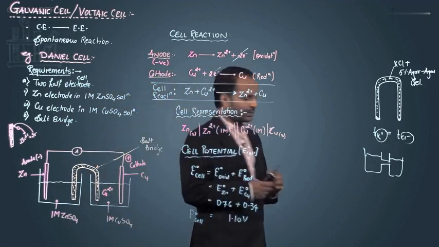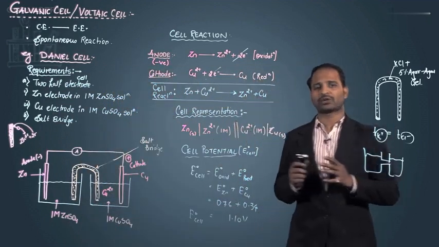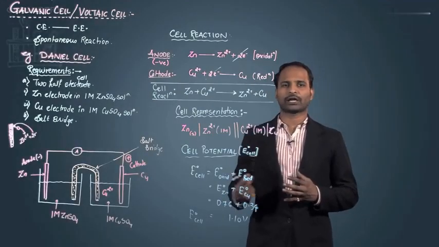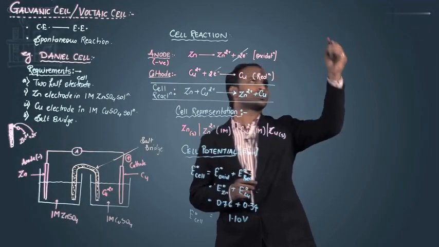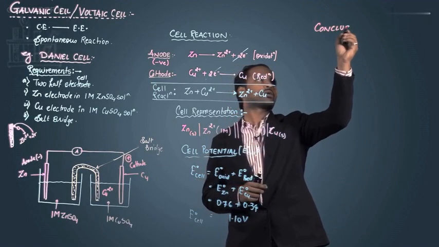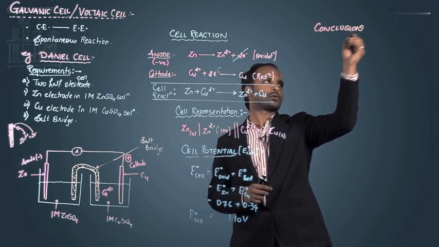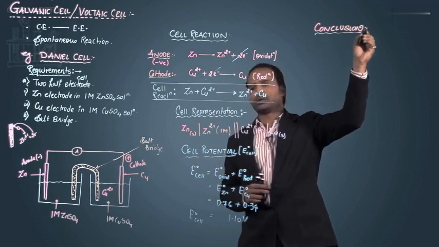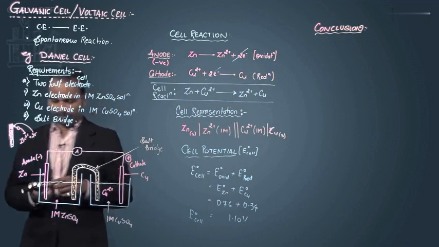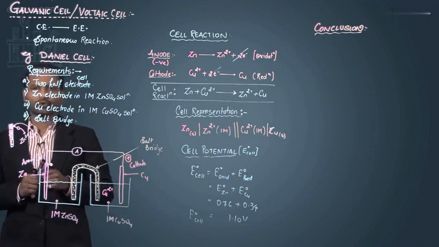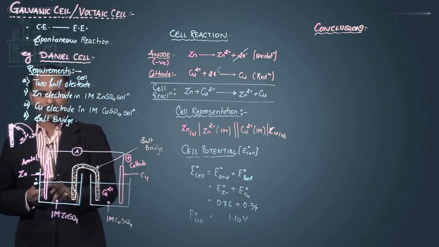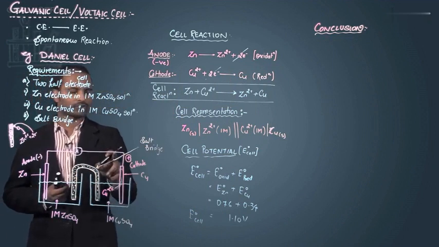Now let's see the conclusion part, that is, what happens throughout the process. That is the conclusion, or I can say the observation. During the chemical reaction, electrons flow from anode to cathode. Here zinc is losing electrons, so electrons are produced on the anode, and they move to the cathode.